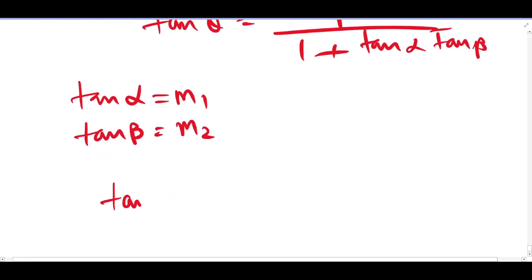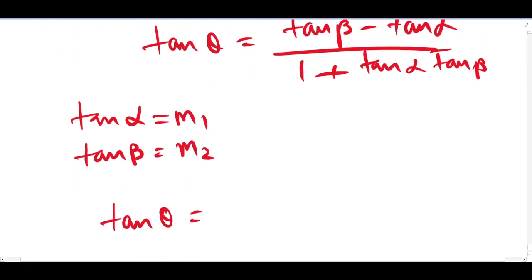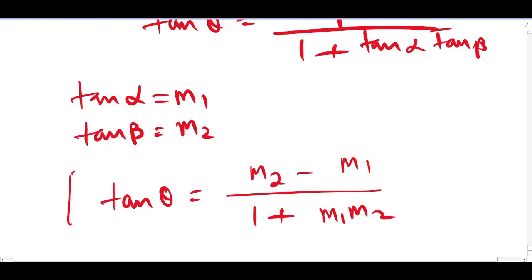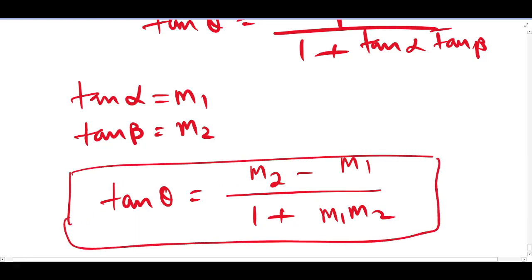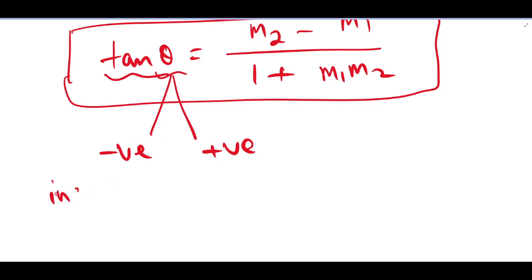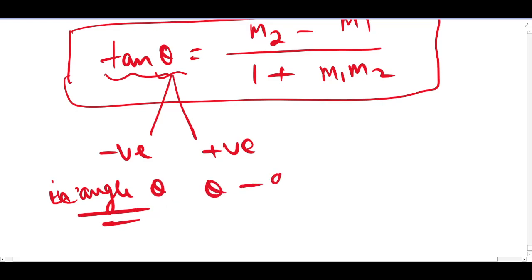So tan theta can be written as M2 minus M1 divided by 1 plus M1 M2, where tan theta can be negative or positive depending on the angle theta. If theta is acute, tan theta is positive.